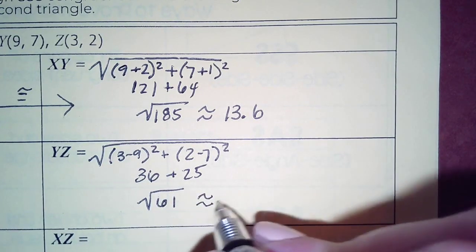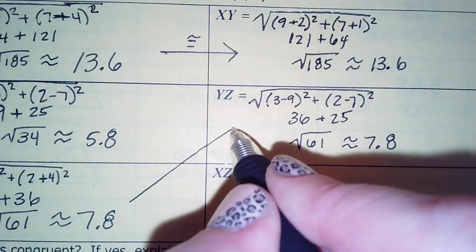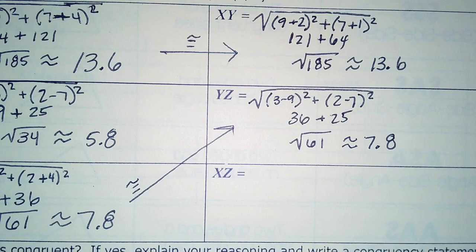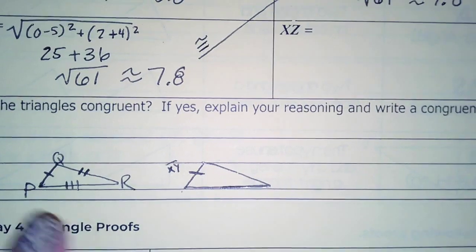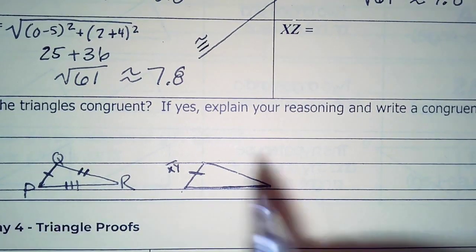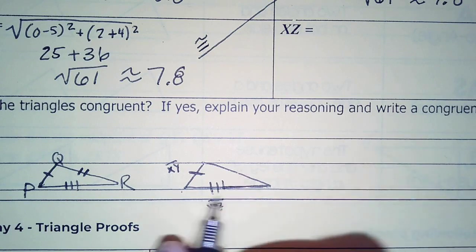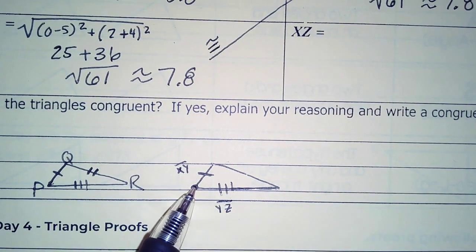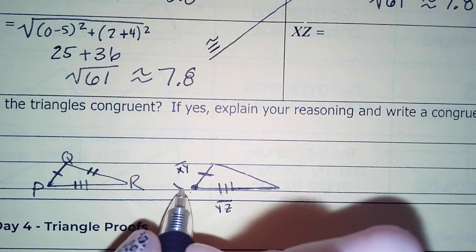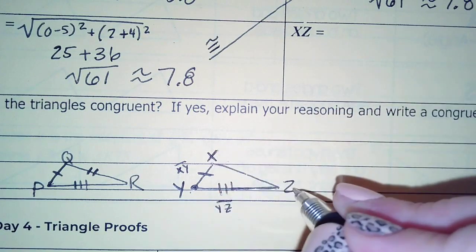Square rooting that, that approximates to 7.8. So now I can see that PR and YZ are congruent. So in my image down here, PR is on the bottom, it's kind of like the base. So I know that YZ is going to be this leg. So what letter does that tell me needs to be at this vertex? Y has to be here. All right, great. So that means X has to be here and Z has to be here.